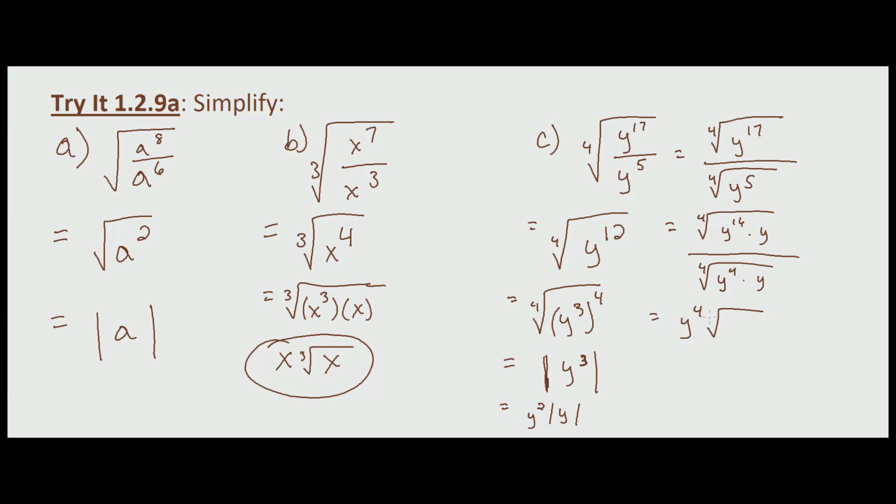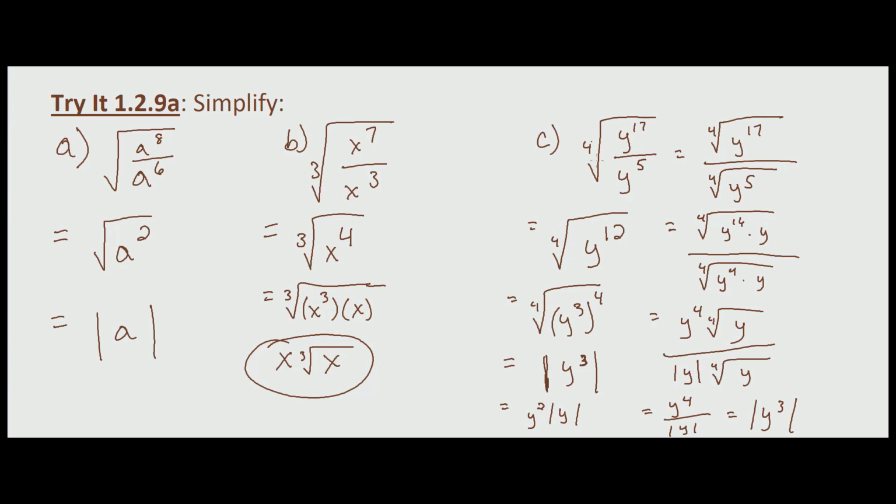We're left with the 4th root of y over the 4th root of y to the 4th, which is the absolute value of y, and that leaves us with the 4th root of y. That equals y to the 4th over the absolute value of y, and when we simplify that, we end up with the absolute value of y cubed.